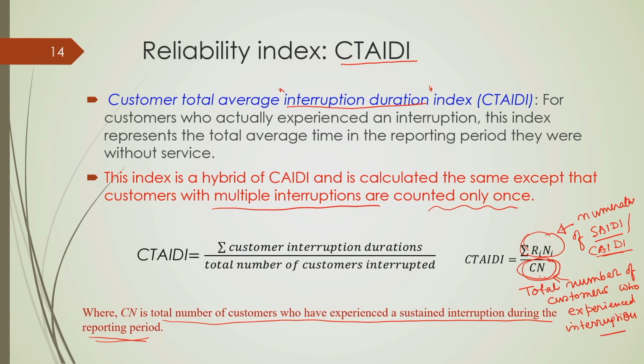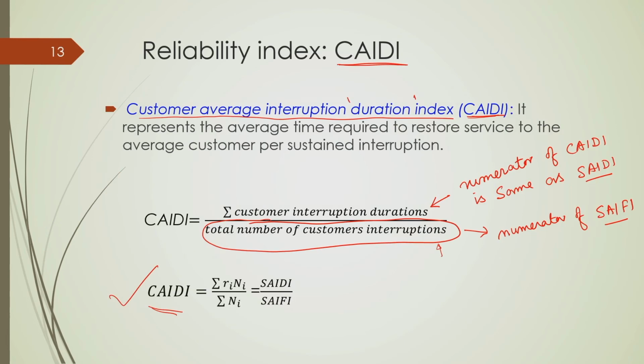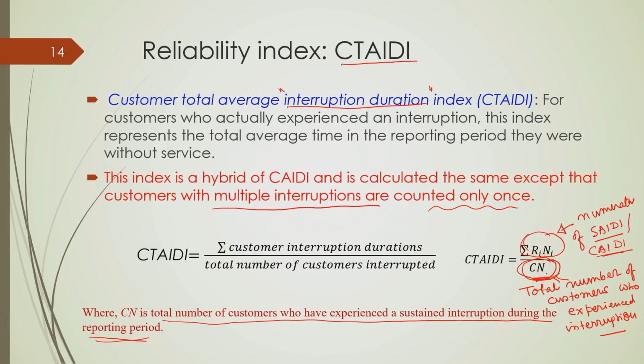And definitely this value of CN will be lower than the total number of customer interruptions. Okay. And that is why this CTAIDI value will be higher than CAIDI. Because if there is an event of multiple interruption, CN is smaller, and if there is not at all any event of multiple interruption, the value of CTAIDI will be equal to CAIDI.